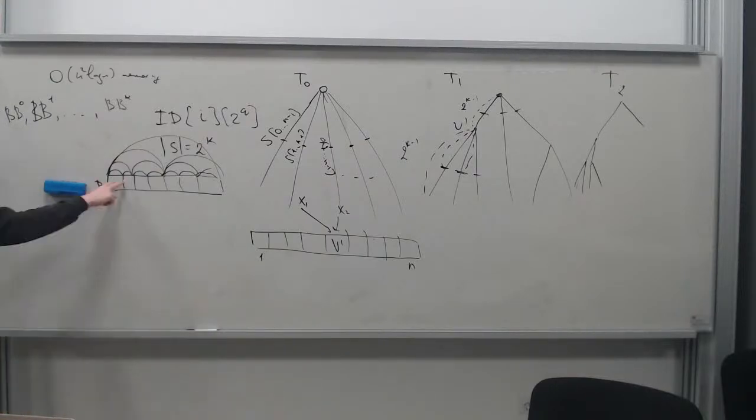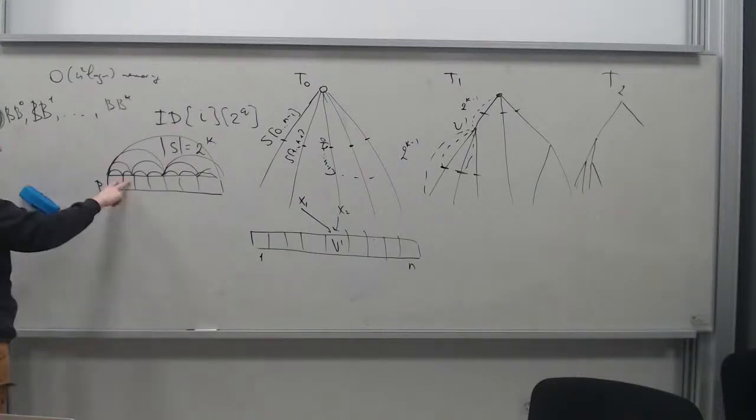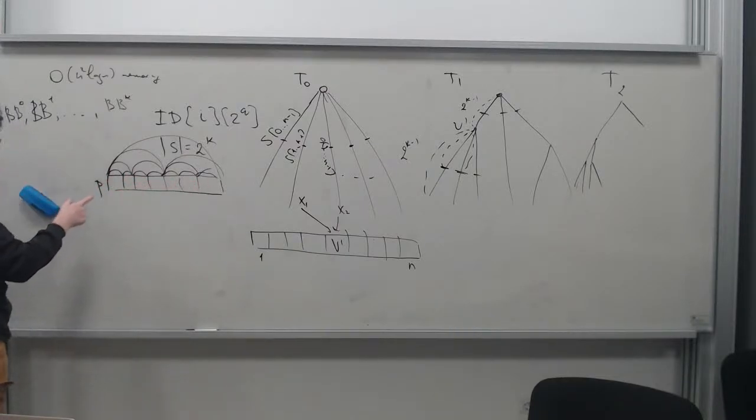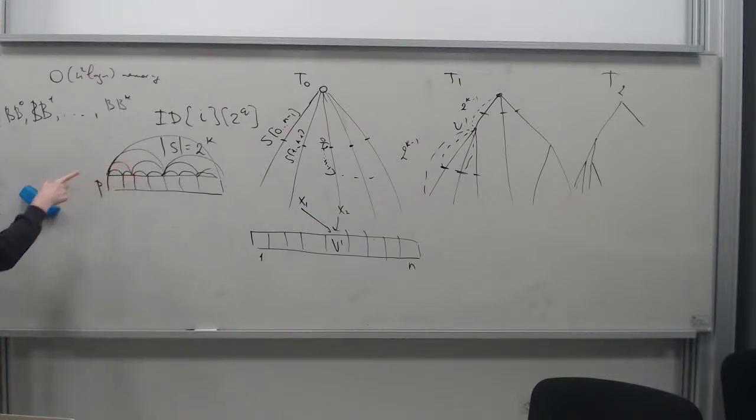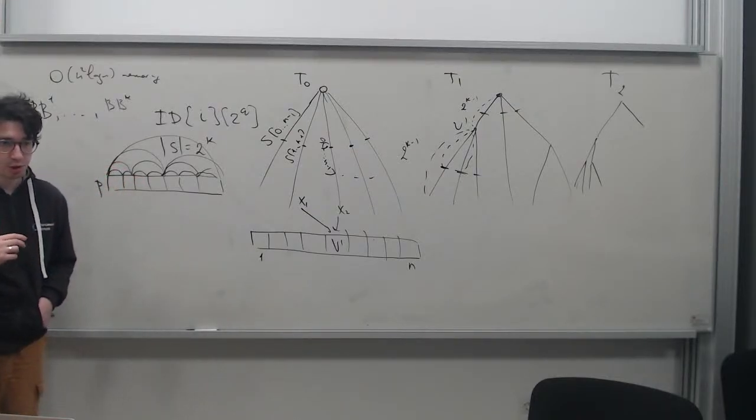We take BB0 or BB1, I don't know exactly, pass them the identifiers of these characters, and then add them together to get the identifier of these strings of length 2. Then you take two consecutive guys there, take BB2 and get their identifier of the string of length 4, and so on.